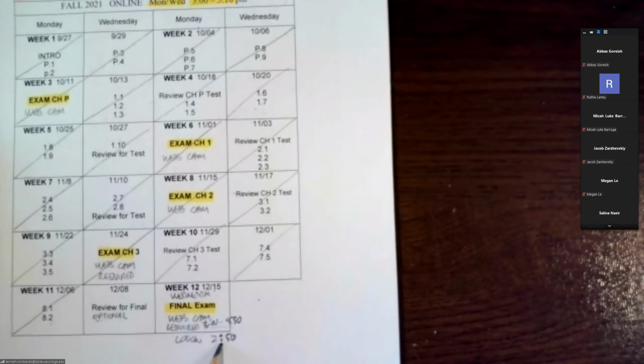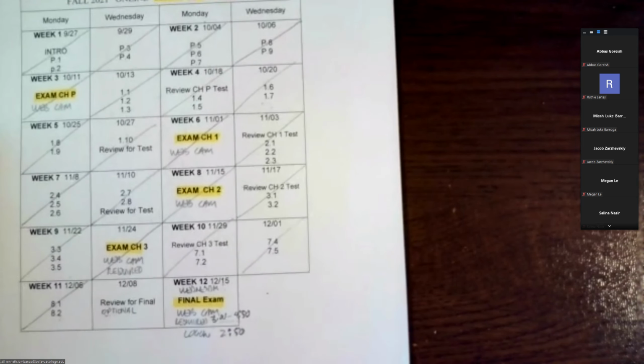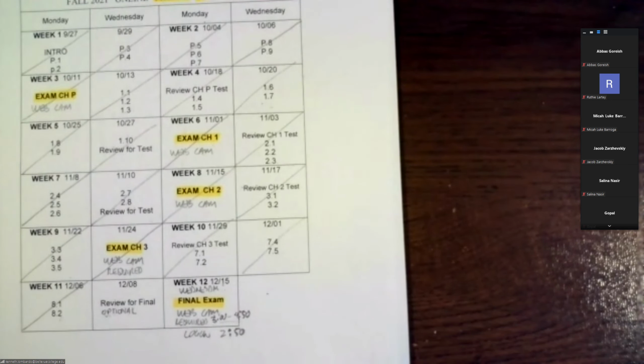So I've got a list of everybody that's logged on, and I've got a test ready for each person that's logged on that I can send out. So you'll have a full hour and 50 minutes. Okay, that'll give you time to download the test and work it and send your solutions back to me. Okay, other questions that you might have that came up during the course?